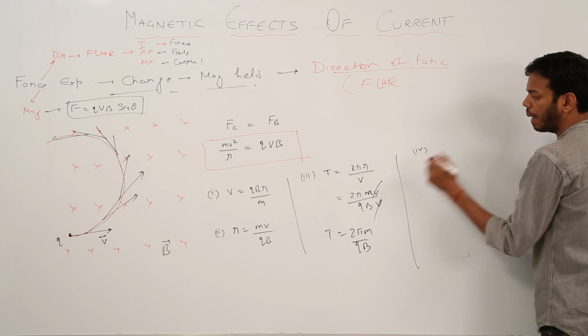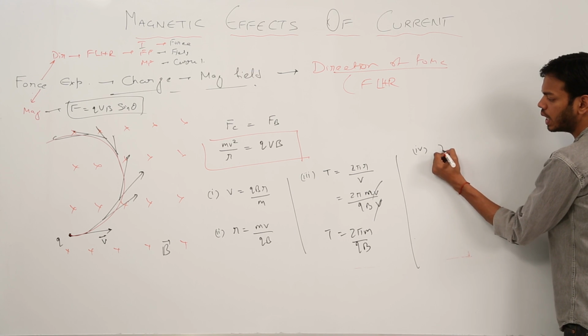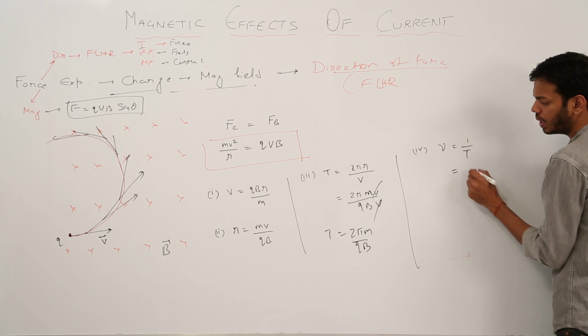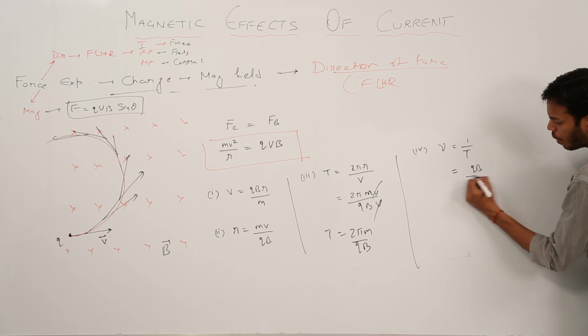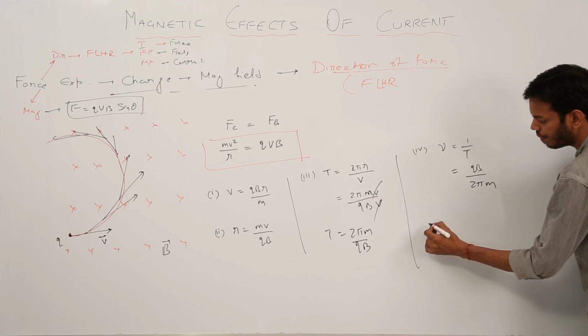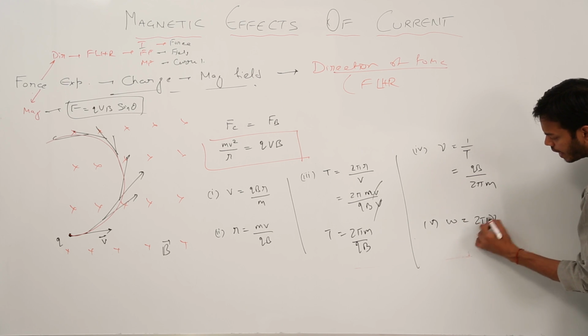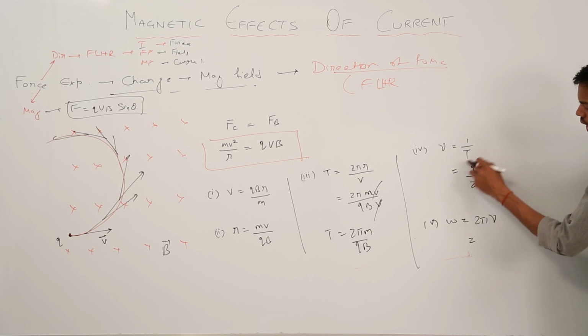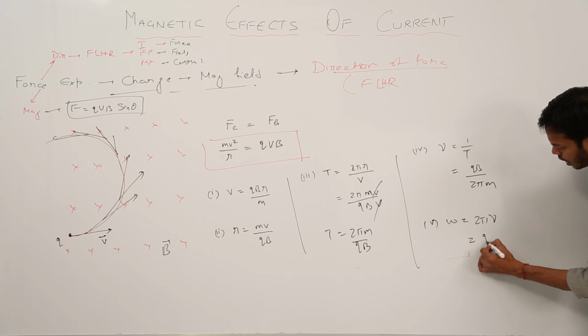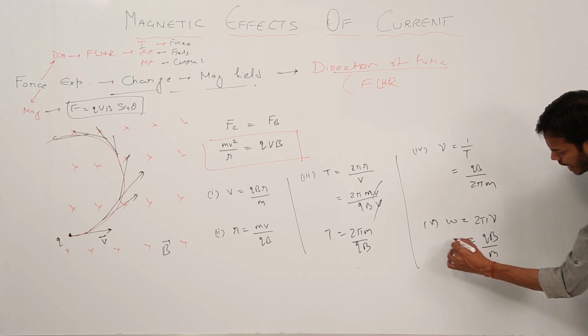Number 4. If you have time period, what is frequency? 1 upon time period. That means qb upon 2 pi m. Fifth, what is angular frequency? 2 pi nu. That means 2 pi into this thing. 2 pi gets cancelled out. You get qb upon m. This is angular frequency.